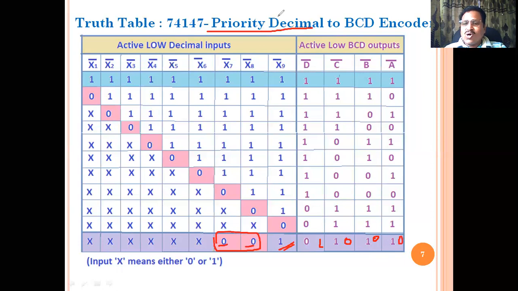But in active low condition with inversion, it becomes 0, 1, 1, 1 because D bar is 0, C bar is 1, B bar is 1, and A bar comes as 1. So in this way, this IC will work as an encoder. This truth table will actually be verified in the laboratory while performing the experiment on this practical. So this is in brief about this type of encoder.